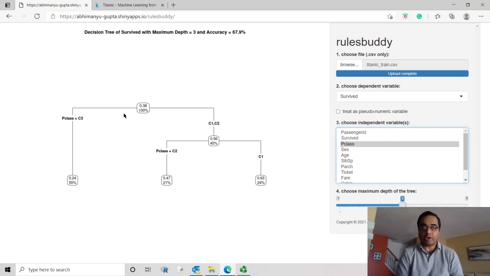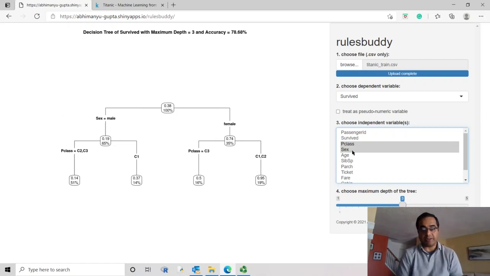But P class is not the only parameter that might have influenced the survival of the people. Let's try sex as well. And the moment we select sex, we see that there are two different patterns, male and female. The proportion of females was 35% in the ship, and the proportion of males was 65%.